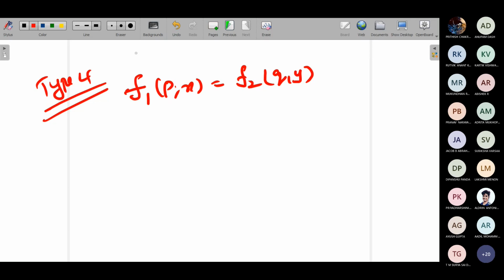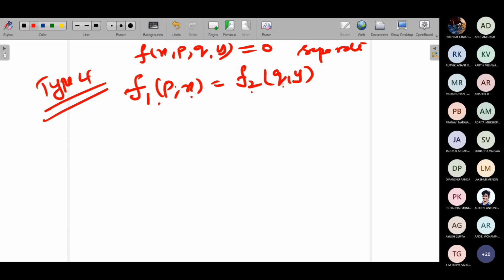So equations involving f of x comma p comma q comma y equal to 0. Separate x and p separately, y and q separately.